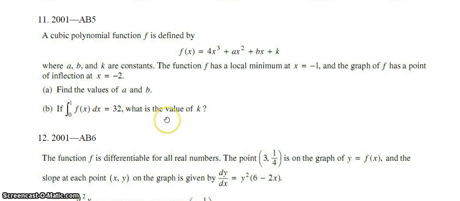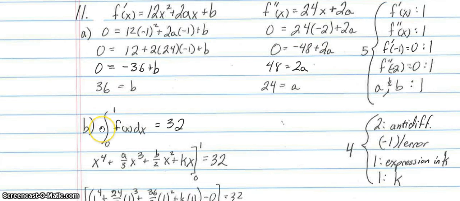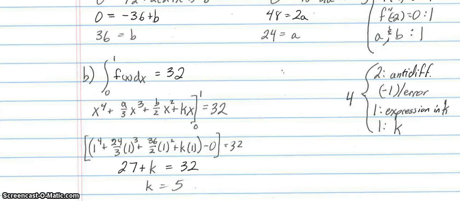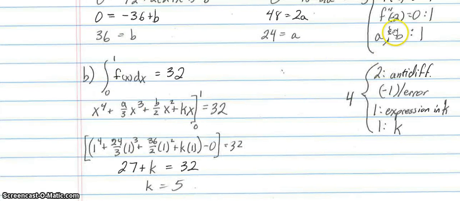Okay, here's what's the value of k. In other words, what's the antiderivative from 1 to 2 is equal to 32. Well, antiderivative of 4x cubed plus ax squared plus bx plus c. Actually, I'm going to put in the 36 and 24 for b and a respectively here.